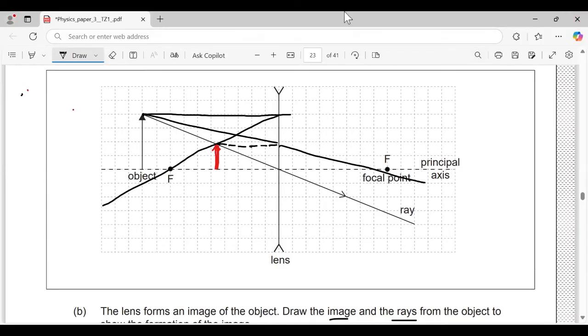Sorry, it's supposed to be towards the focal point. All right, those are the rays. Let's continue.